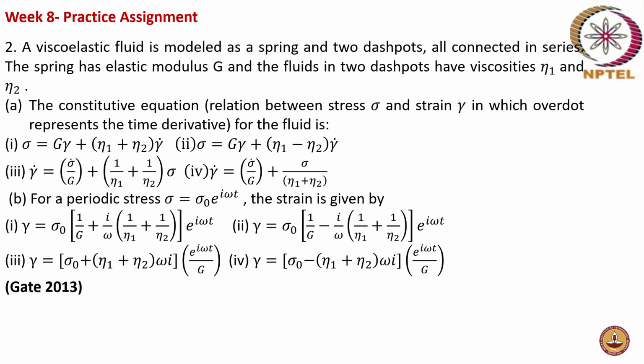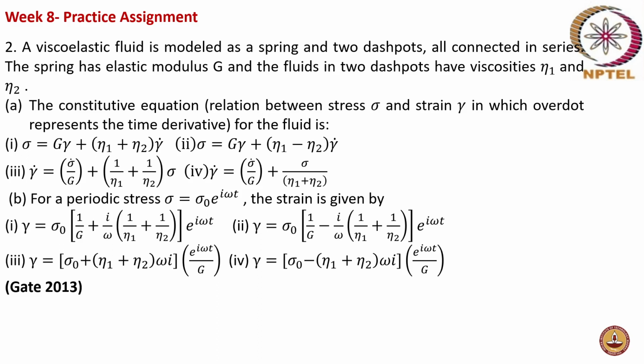Now they are asking what the constitutive relation is: whether sigma is equal to G gamma plus eta 1 plus eta 2 into gamma dot, or sigma is equal to G gamma plus eta 1 minus eta 2 into gamma dot, or gamma dot is equal to sigma dot by G plus 1 by eta 1 plus 1 by eta 2 into sigma, or gamma dot is equal to sigma dot by G plus sigma by eta 1 plus eta 2. They are asking what the constitutive equation is.